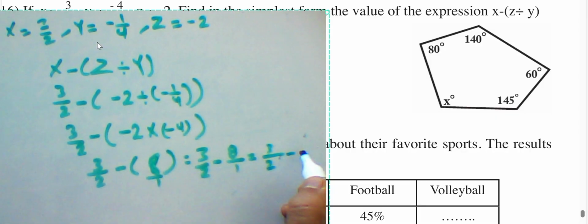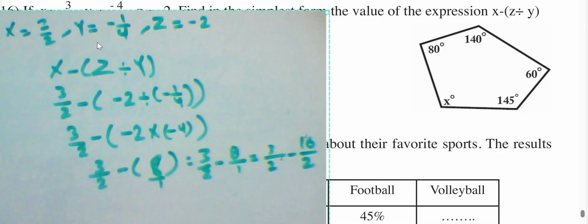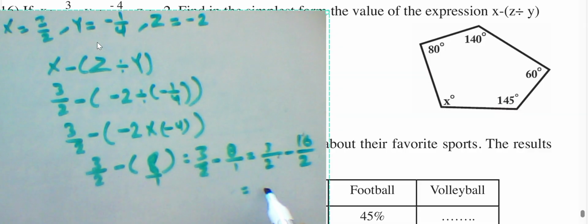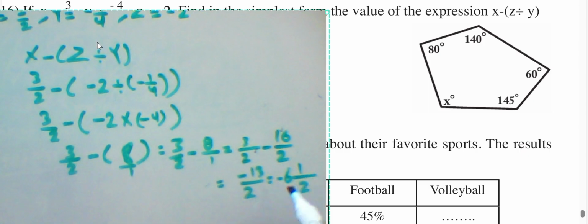So 3 over 2, and 2 times 8 equals 16. In the numerator, 3 minus 16 is negative, 16 minus 3 equals 13. Negative 13 divided by 2 equals 6 with remainder 1, so the result will be negative 6.5.